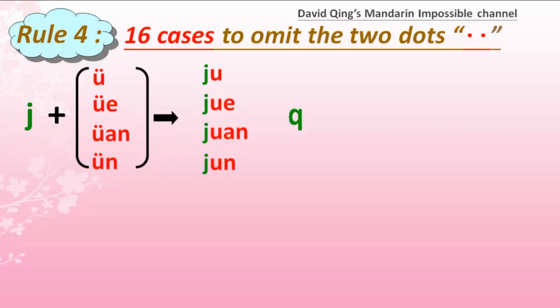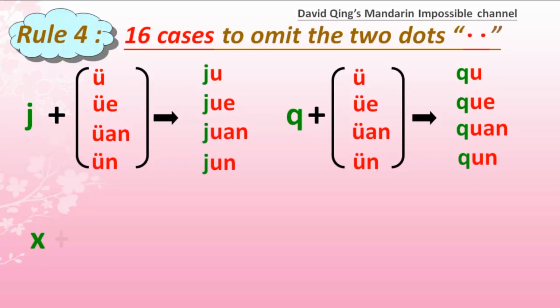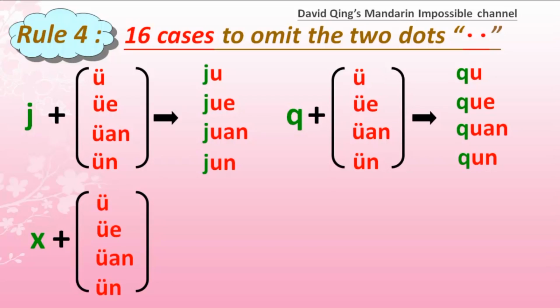When the consonant q combined with the vowel yu, yue, yuan, or yun, the combinations are represented as qu, que, quan, qun, without the 2 dots above the vowel. When the consonant x combined with the vowel yu, yue, yuan, or yun, the combinations are represented as xu, xue, xuan, xun, without the 2 dots above the vowel.